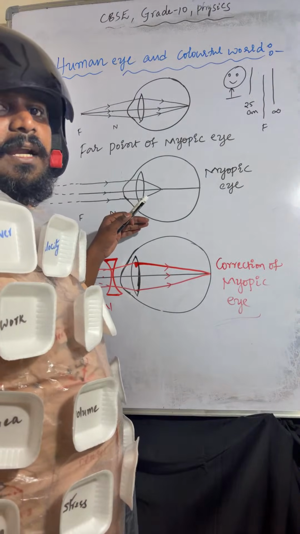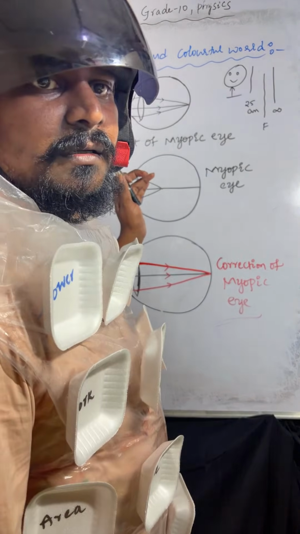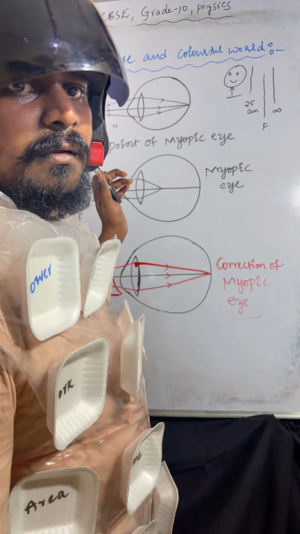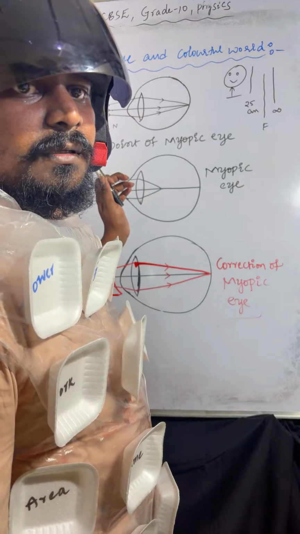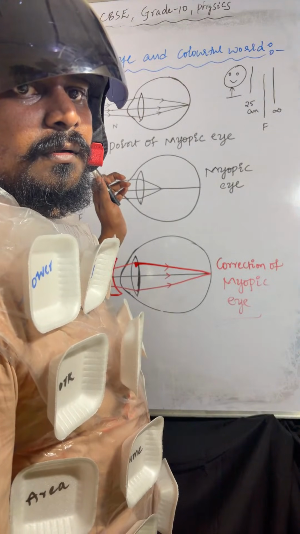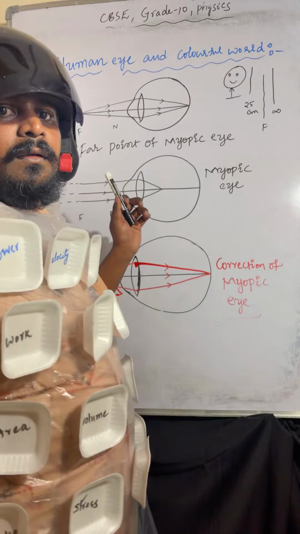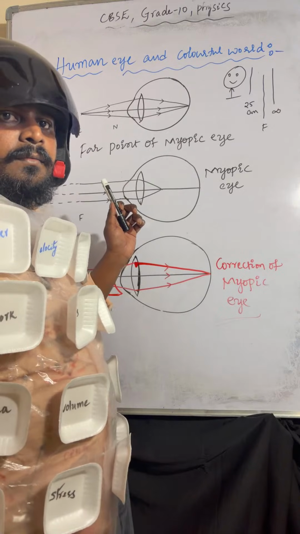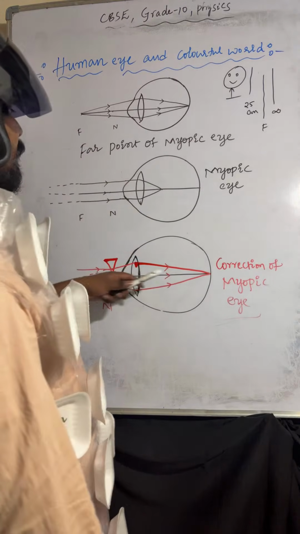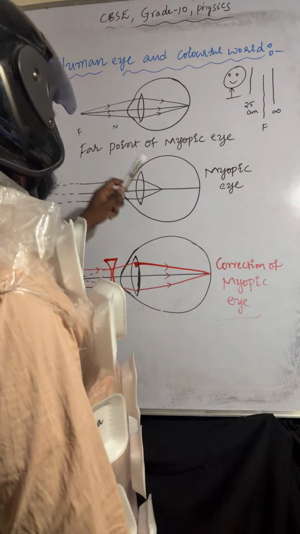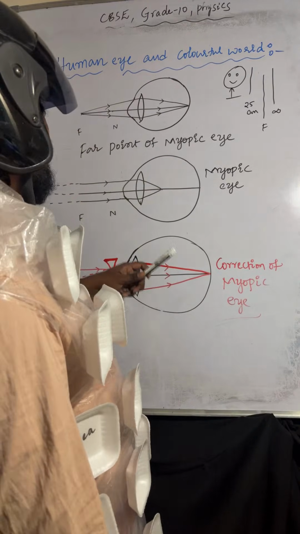So what are the dotted lines? So this is the far point of the myopic eye and the correction of the myopic eye.